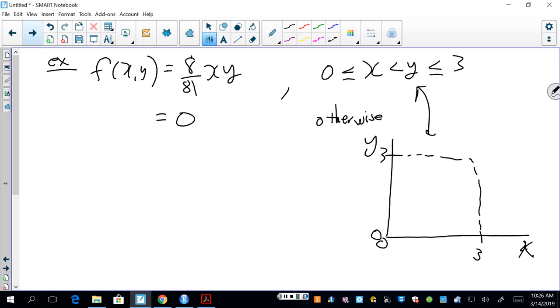So the place where they're equal would be here. And so in this area, y has to be bigger than x, so y has to be going up. So it's actually in this space. So this probability density function actually exists on that little triangle there.